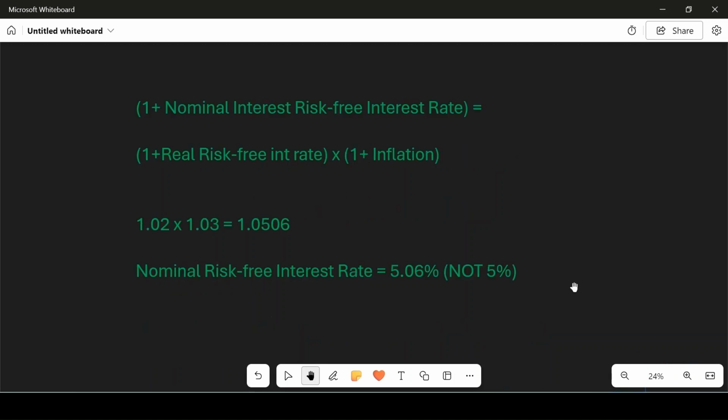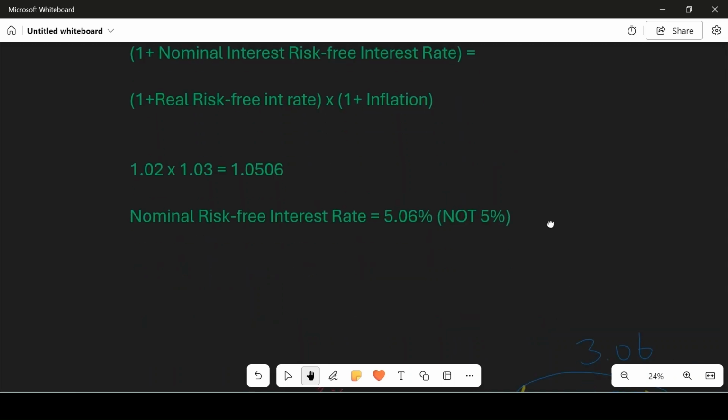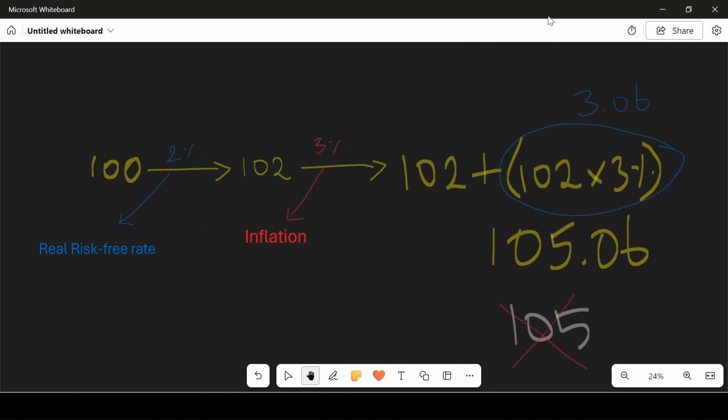Why should we follow this method? Let us check it out. Let's say we have rupees 100 now. The real risk-free rate is 2%. So it will be 102 after 1 year. Now we will apply 3% inflation on this 102. 102 is the total amount we got after applying real risk-free rate. Then we apply inflation on 102.